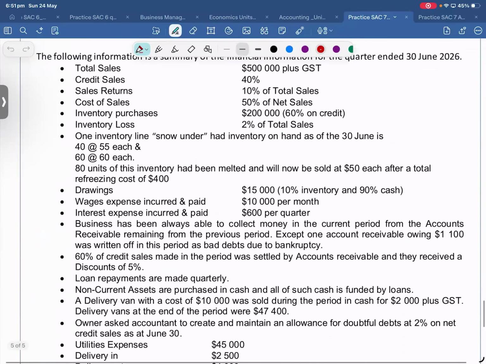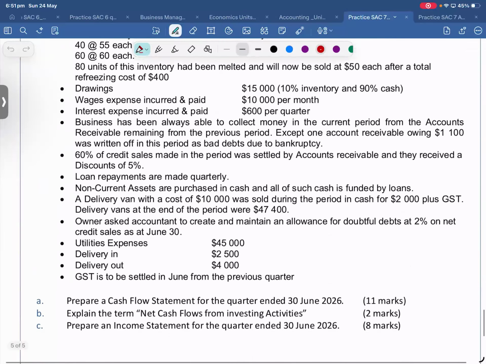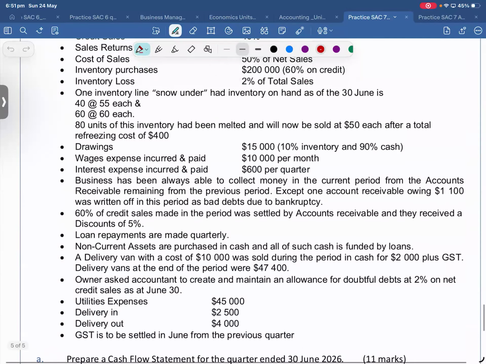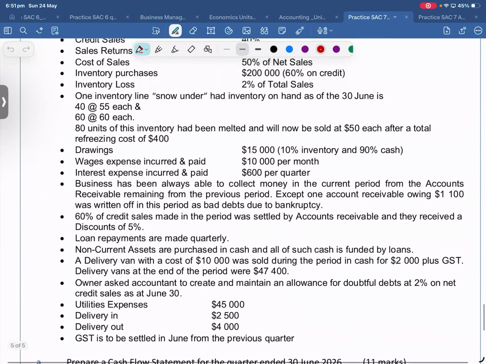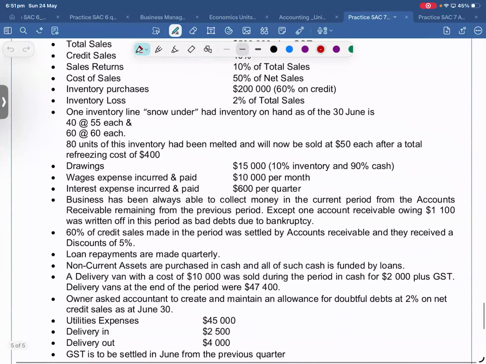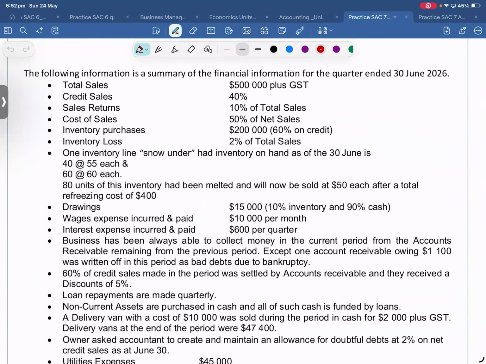And this one we have to prepare the cash flow and income statement. Let's do it together. Okay. Total sales is 500,000. Credit sales is 40%, so meaning 60% is cash.